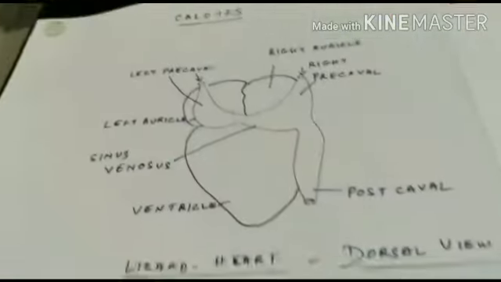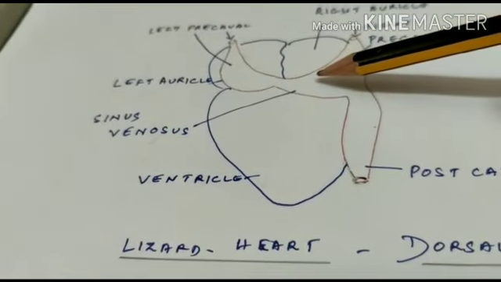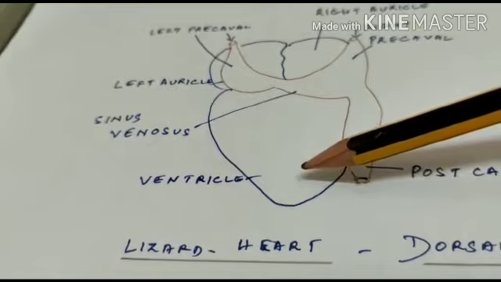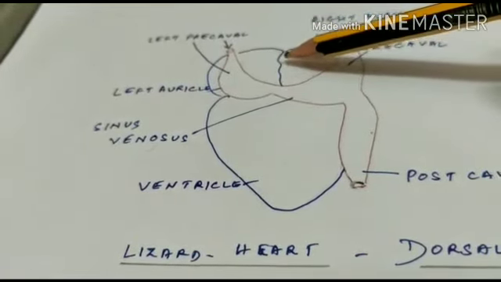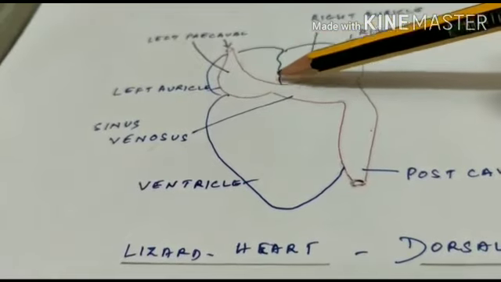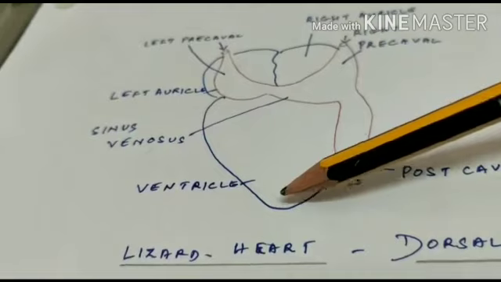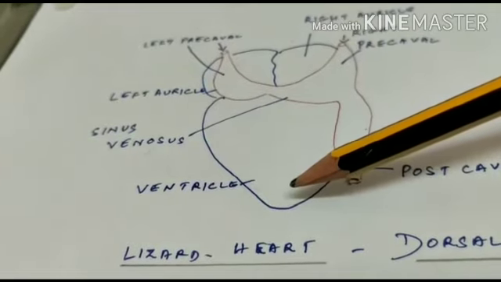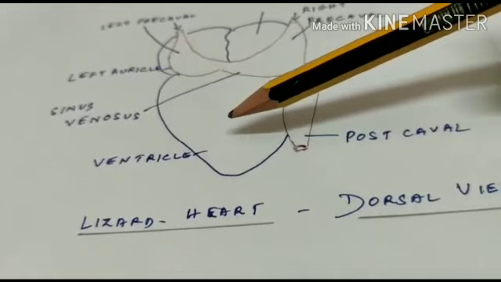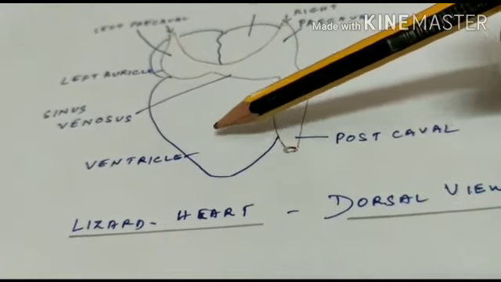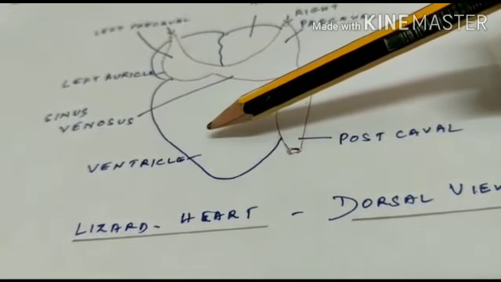Now basically the heart consists of two auricles and a ventricle. The two auricles are separated by the interauricular septum and externally by a groove, and the ventricle is a single ventricle, and therefore there is a lot of mixing of blood here because it is incompletely divided into two parts.